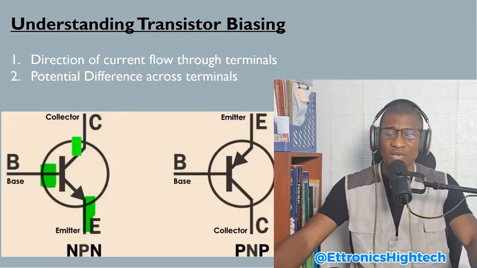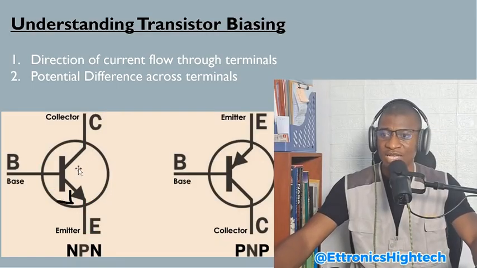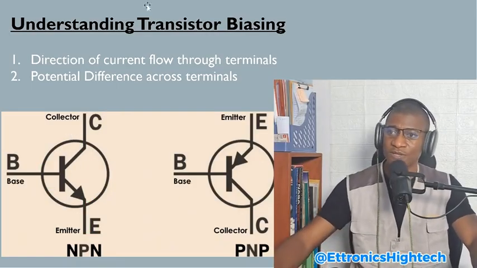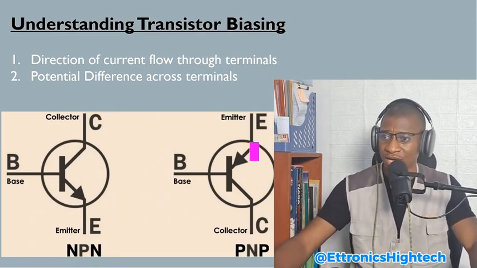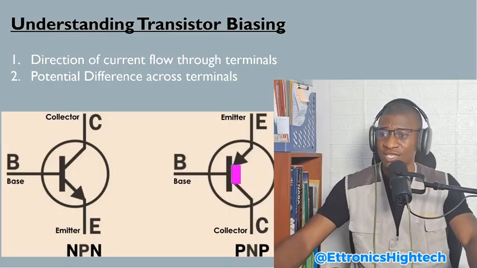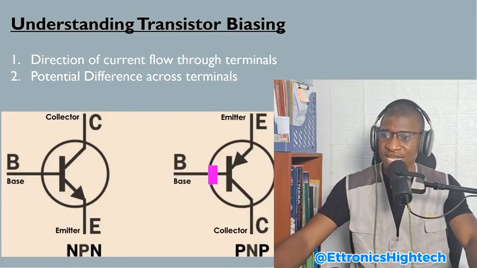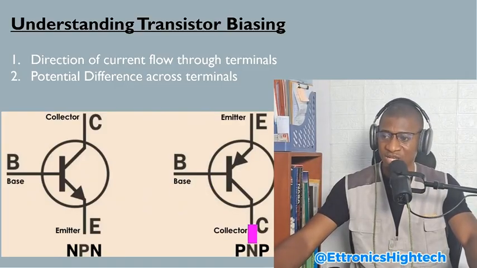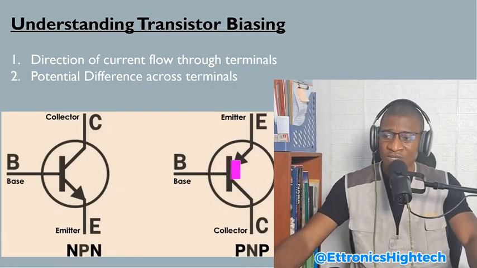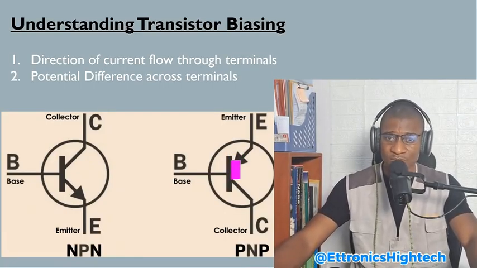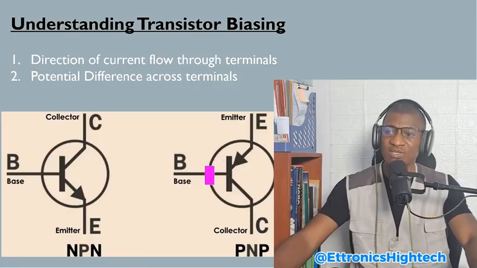Now this is for NPN transistor. And for PNP transistor, which is our topic of discussion, you can see here that we have the arrow pointing from the emitter to the base and from the emitter to the collector. So this goes to show that for this transistor to conduct, to go into conduction, to be biased, current has to flow from the emitter to the base.